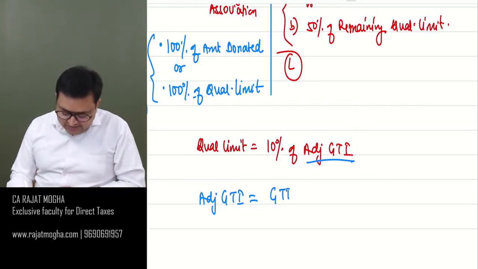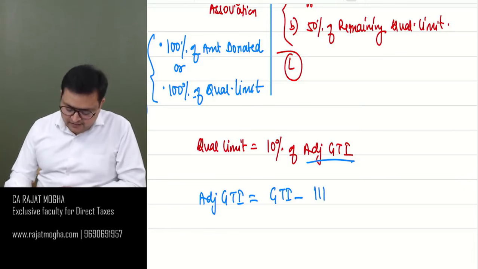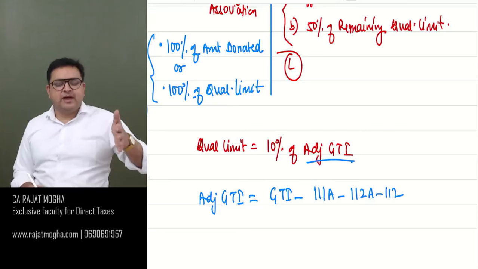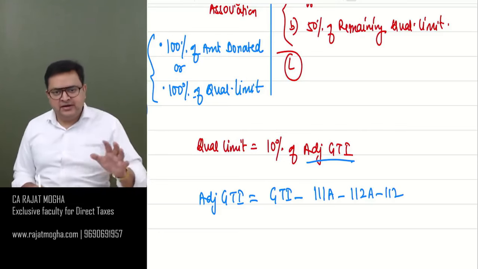So GTI minus 111A, minus 112A, minus 112. That is short-term capital gain on equity shares, long-term capital gain on equity shares, and other long-term capital gains. Not casual income.